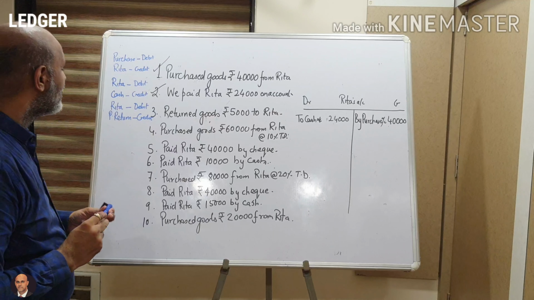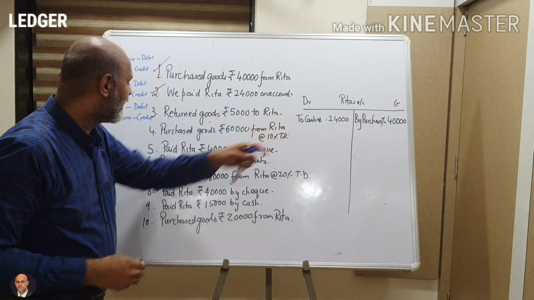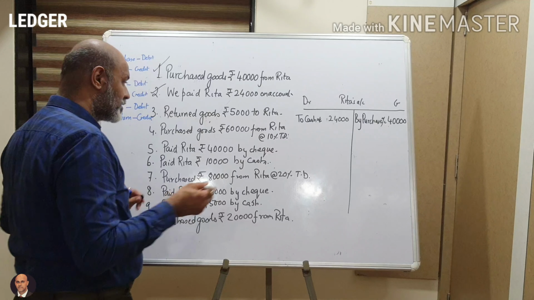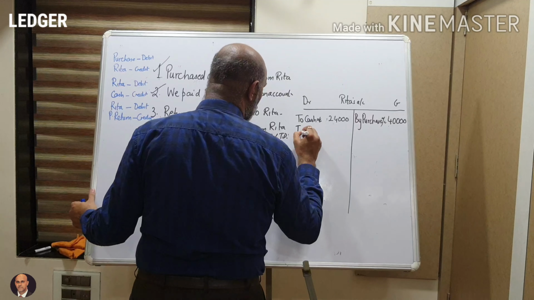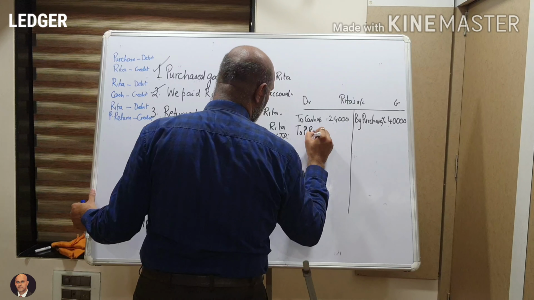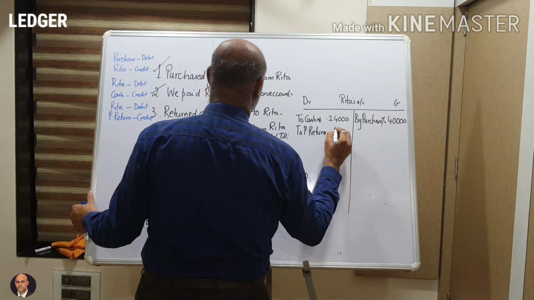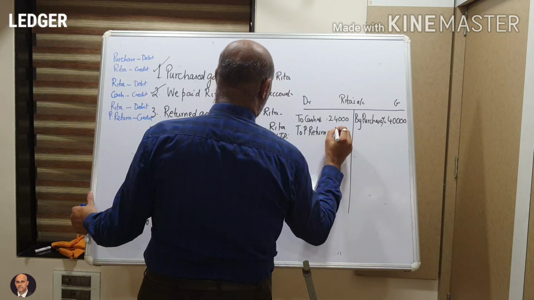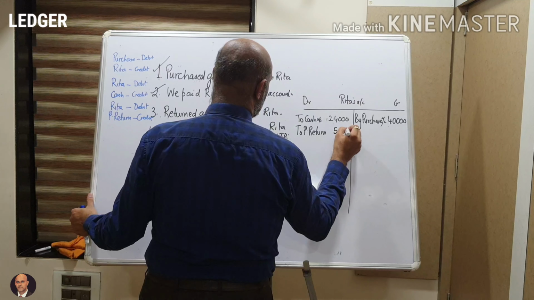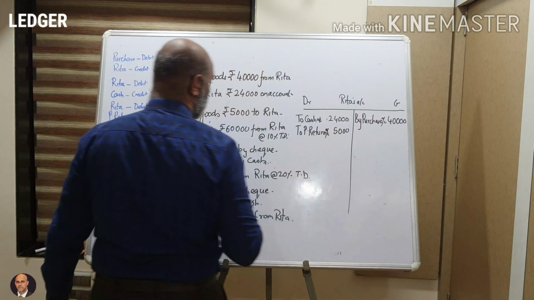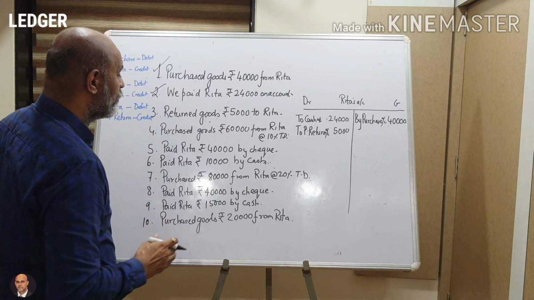So I go to the debit side of Rita and write down to purchase return, and the amount being 5,000.